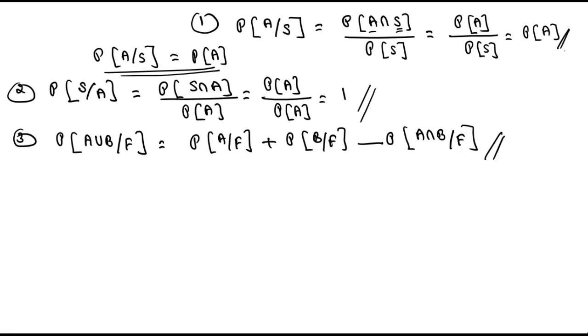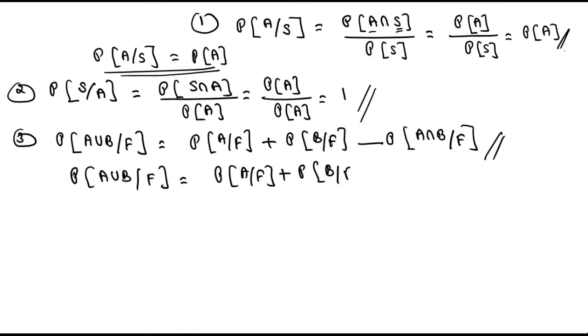We know that for A union B, probability of A union B is probability of A plus probability of B minus probability of A intersection B. The given F is there, so we can directly write it. Now, if both are mutually exclusive events, then probability of A union B given F equals probability of A given F plus probability of B given F, if A and B are disjoint.